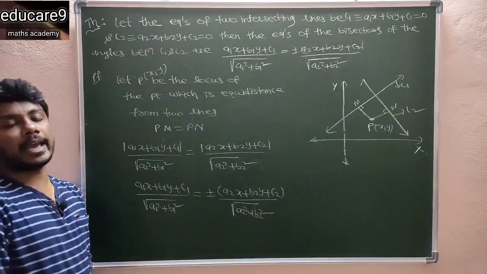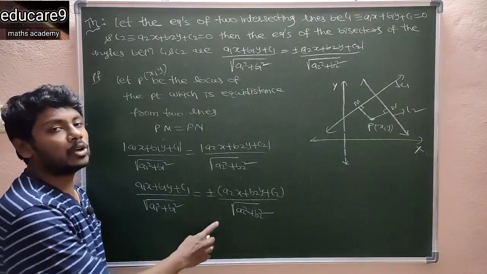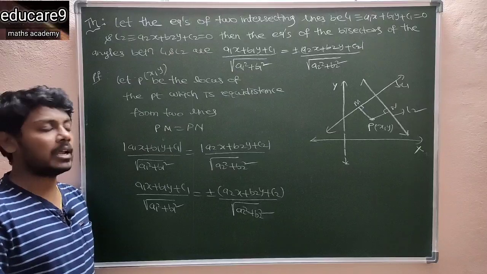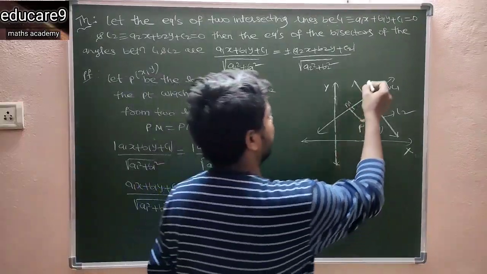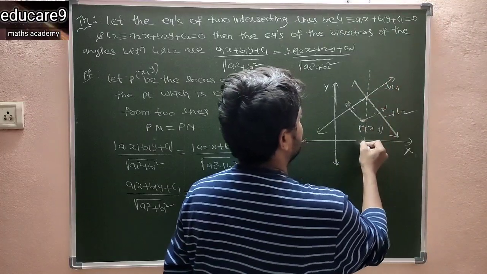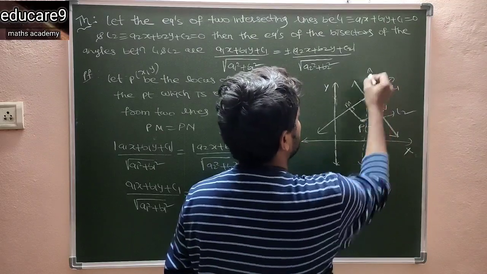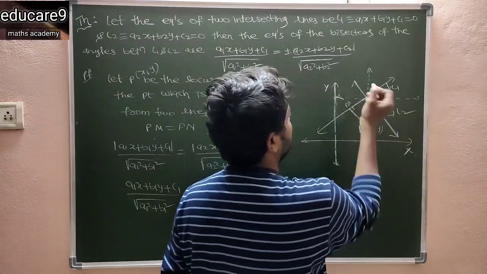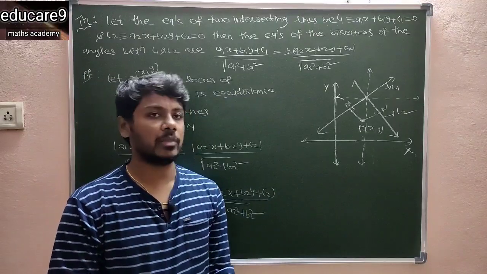So we get the angular bisector equations. Clearly these are the two angular bisector equations. One is the acute angular bisector and the other is the obtuse angular bisector.